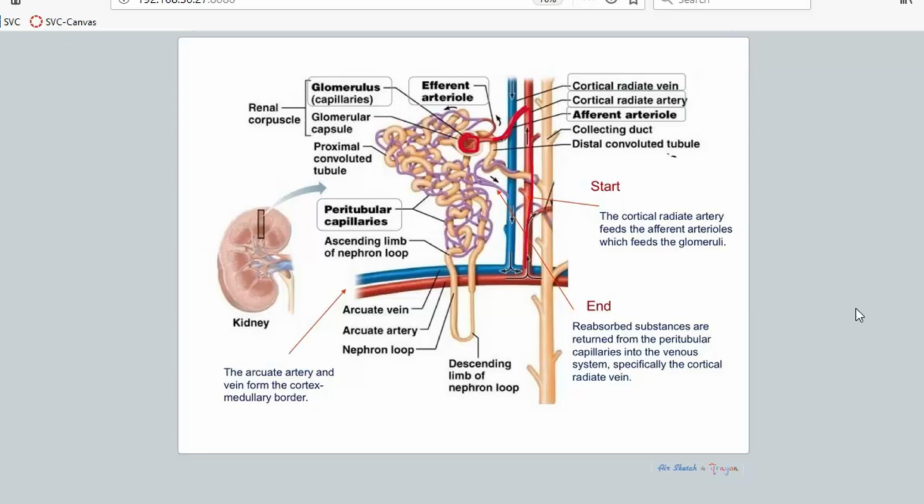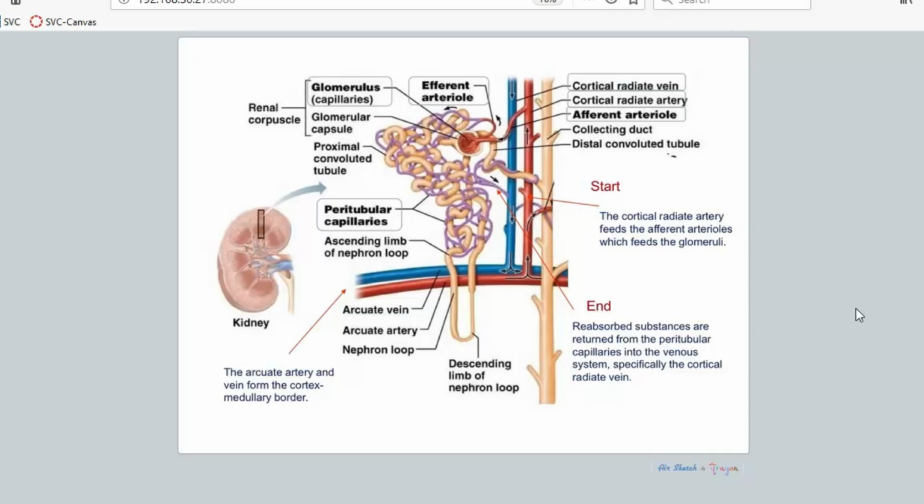The glomerular capillary bed is then drained by the efferent arterioles. And then those efferent arterioles become these peritubular capillaries that wrap around the renal tubule. And then after all that's done, they basically go back into the venous system. So that's the blood system that you guys need to know in this scenario here.